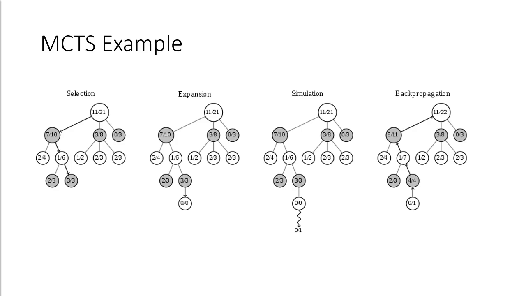So the 3 out of 3 now becomes a 4 out of 4. The 1 out of 6 becomes a 1 out of 7, and so on until you get to the very top, and you have all those stats updated. And then you run it again and again and again and go until you've run out of time or memory or whatever your allocation is. And then you pick the move that is most appropriate.